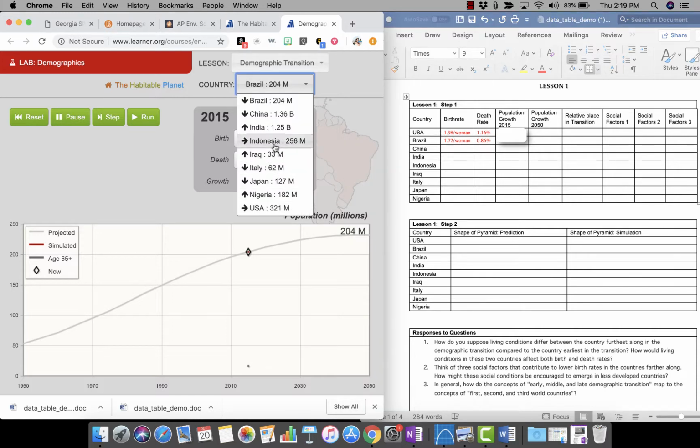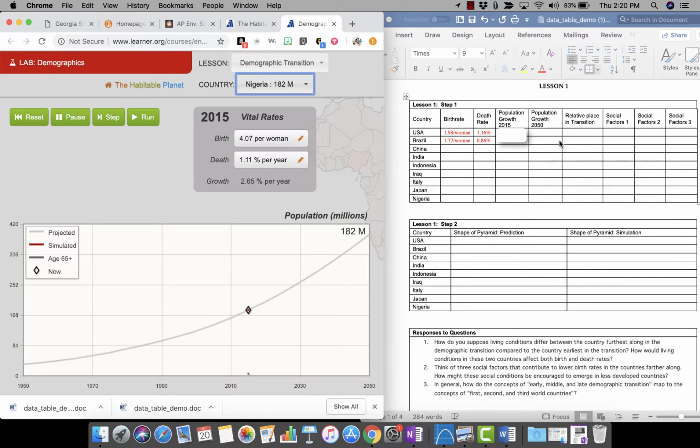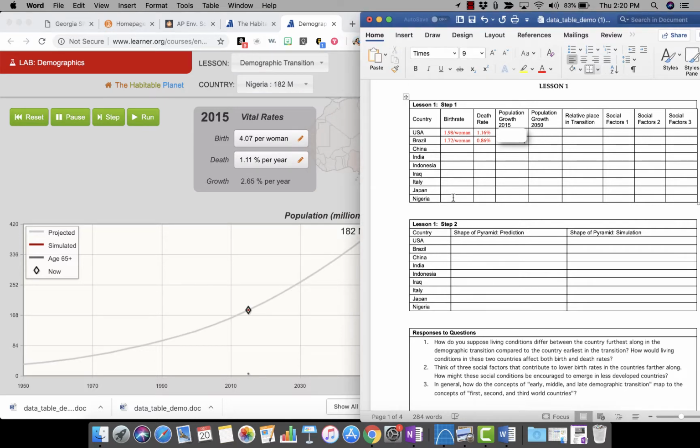And then you can go, let's do Nigeria. You're going to do all of them, obviously, but I just want to have a couple different ones. So you can see this birth rate is much higher, right? 4.07 per woman, and then the death rate is 1.11%. And then the growth is 182 million.